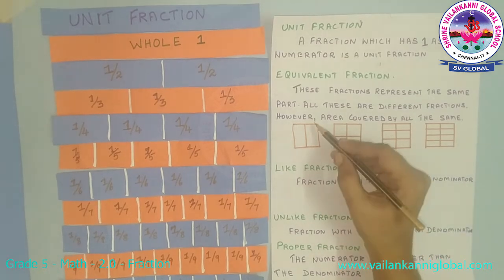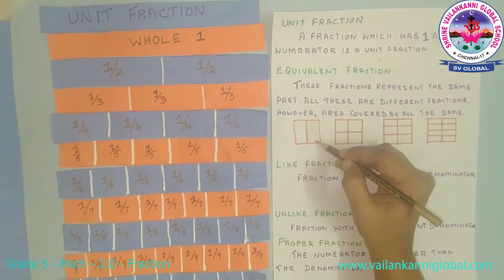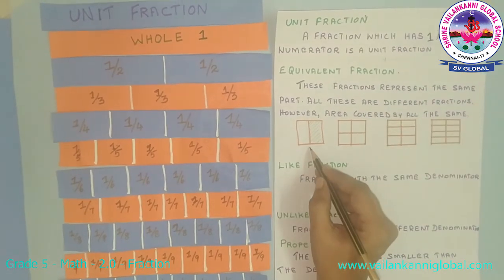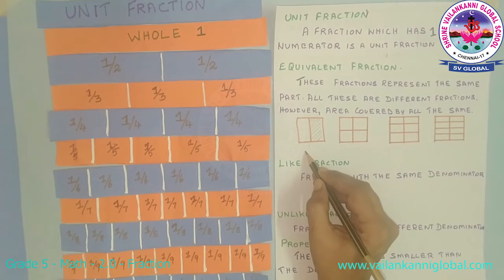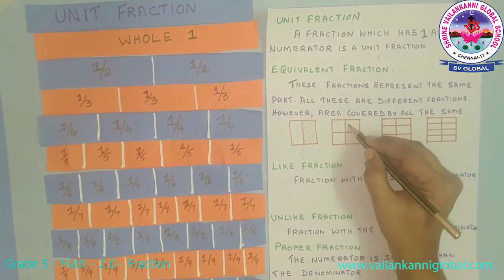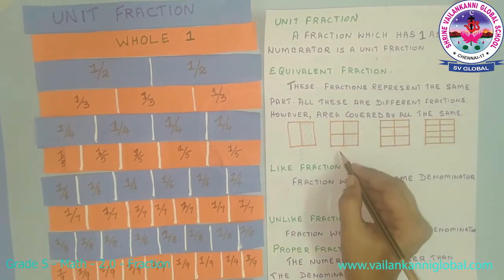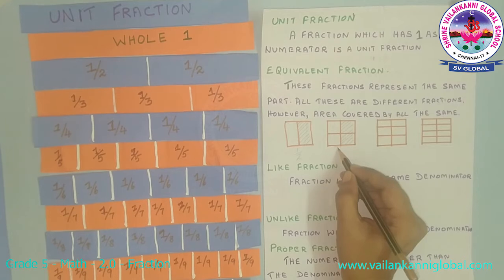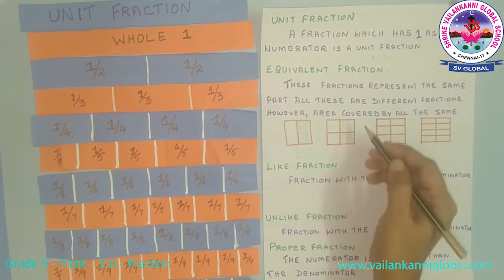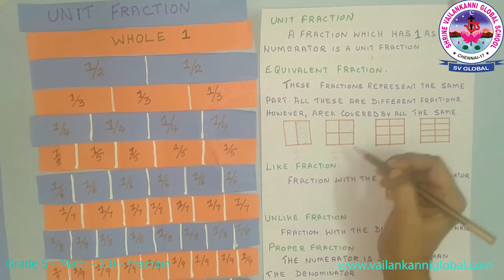If we shade this side, you can write the fraction as 1 by 2. In the same way, if you shade this portion, you can write 2 by 4, because we shaded 2 parts and the total is 4.